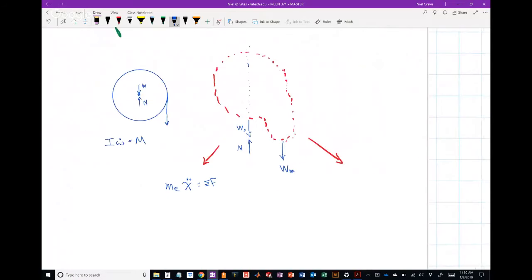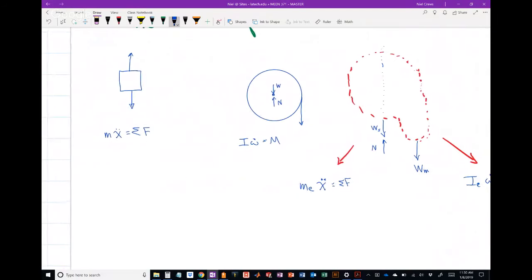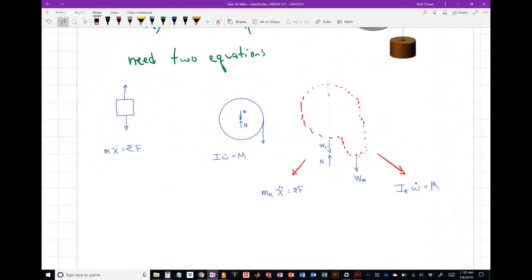Or you could say the effective inertia of this combined system times this rotational acceleration equals M. Now, here are four different ways that you can get two equations to solve for these two unknowns.